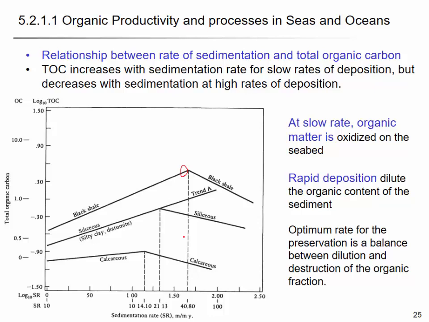If you look at the sedimentation rate here, what is the unit? The unit is meters per million years. So like 1 meter per million years. So it's a very long geologic time.